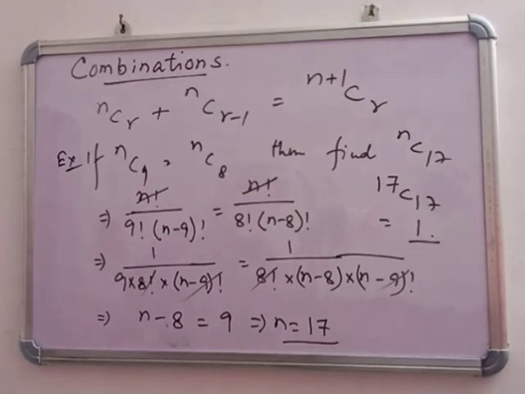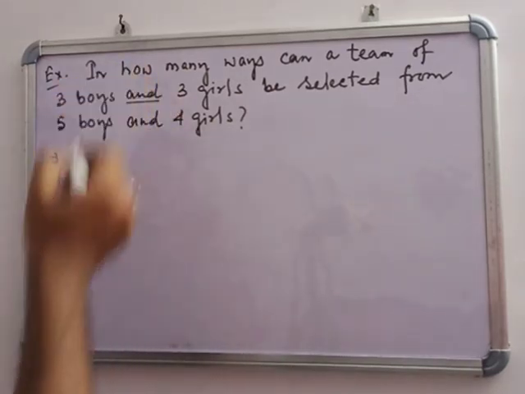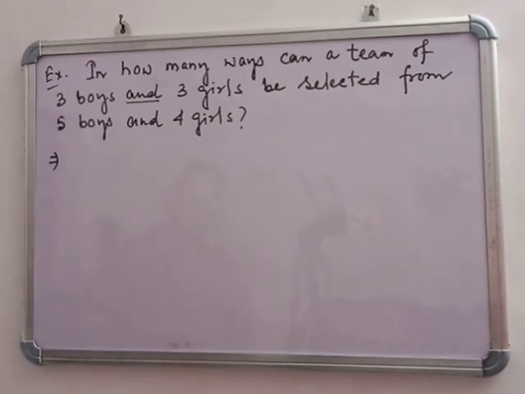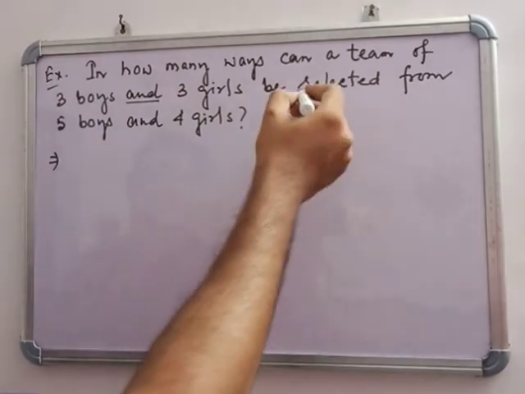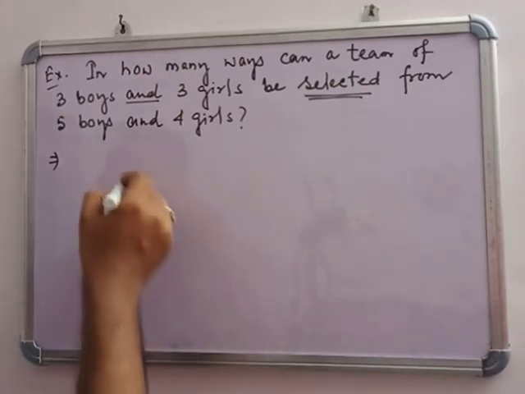Next one. In how many ways can a team of 3 boys and 3 girls be selected from 5 boys and 4 girls? The word selected means you have to use the combination. So how many boys are there? 5 boys are there.